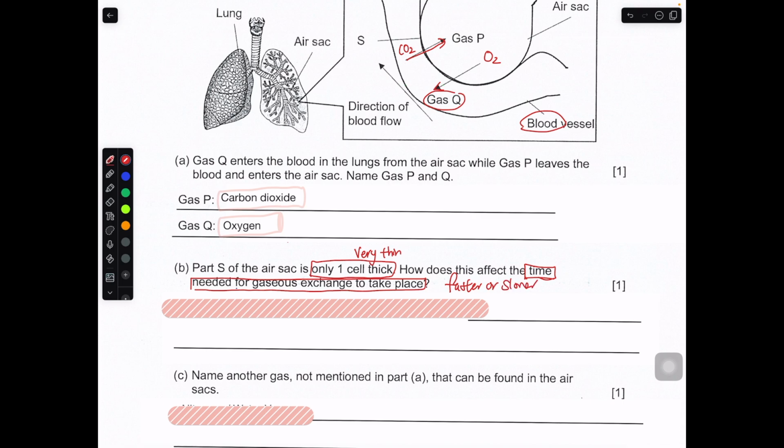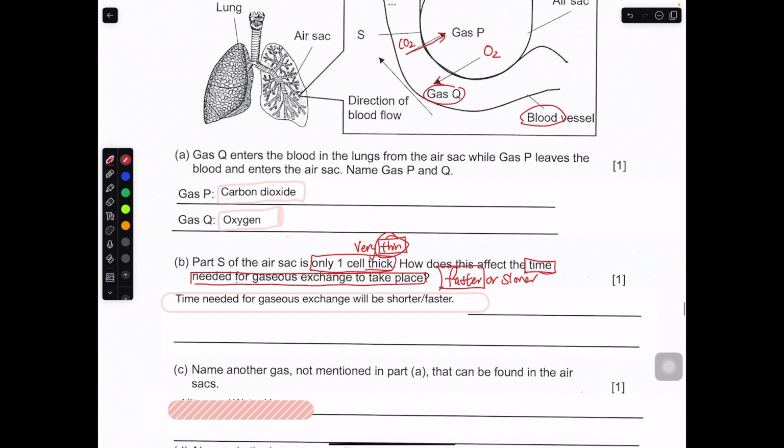They're asking you, making it very thin, is it going to be faster or slower? Obviously it's going to be faster because it's easier for it to pass through now when it's very thin or one cell thick. It's not about the thick, it's about one cell, and therefore it is very thin.